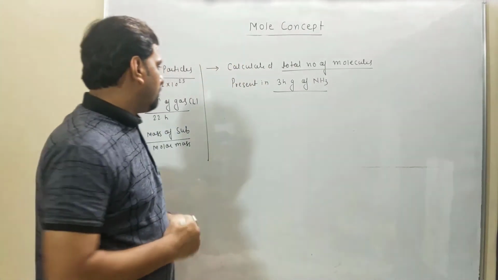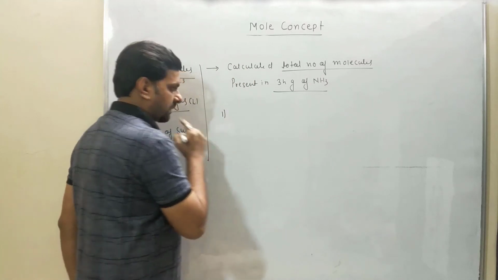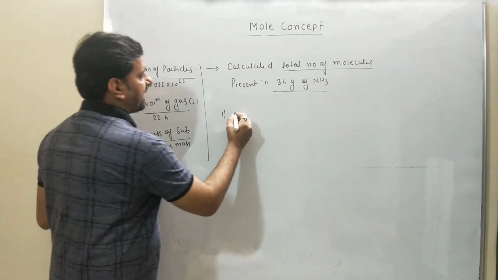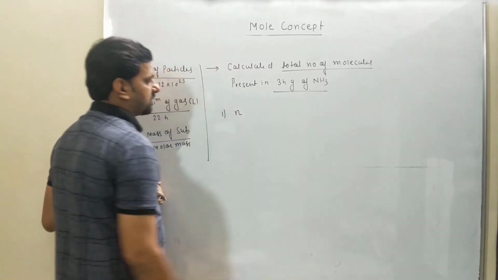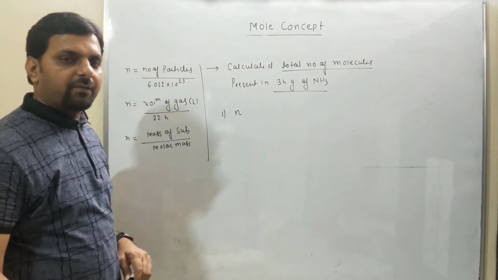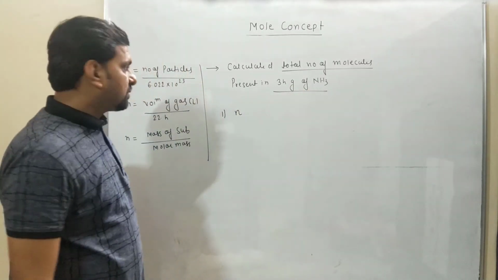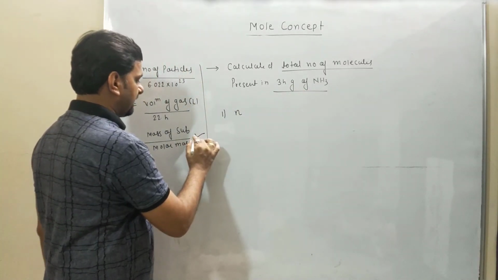Okay. So first step, find out number of moles. How you will find out number of moles? Weight is given, mass is given. So we'll use this relationship.